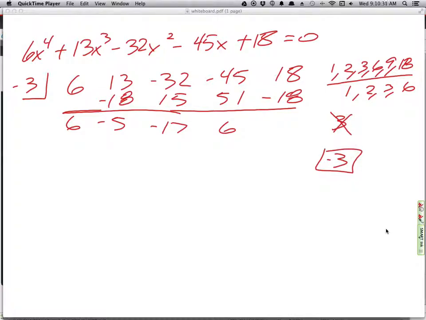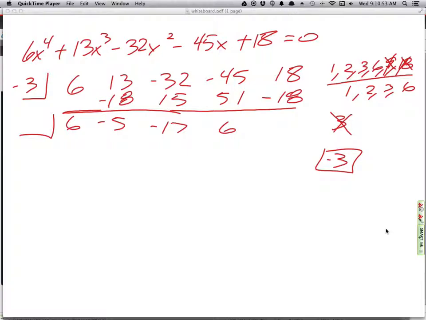Okay. Now, can I eliminate any possibilities at this point? 18, I can eliminate 18. I can eliminate 9. Does everybody see why I can eliminate 18 and 9? Because now I'm dealing with 6 instead of 18. So that means I can eliminate these two possibilities.